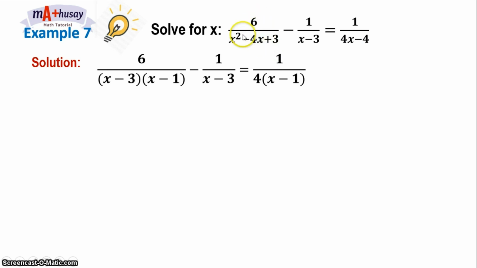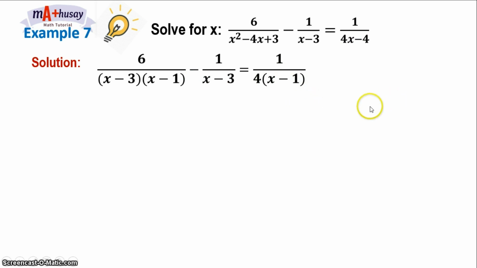So, sa fraction na 6 over x squared minus 4x plus 3, yung denominator ay pwedeng i-factored as x minus 3 times x plus 1. So, ang x minus 3, hindi na natin kailangan i-factor out. Pero ang 4x minus 4, pwede nating i-pull out si 4 at i-factored as 4 times x minus 1.